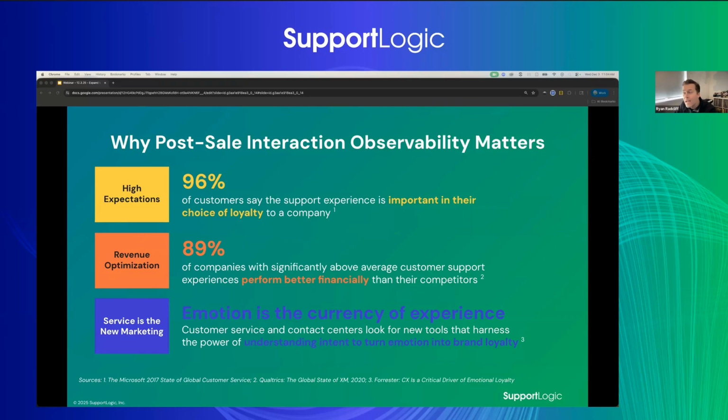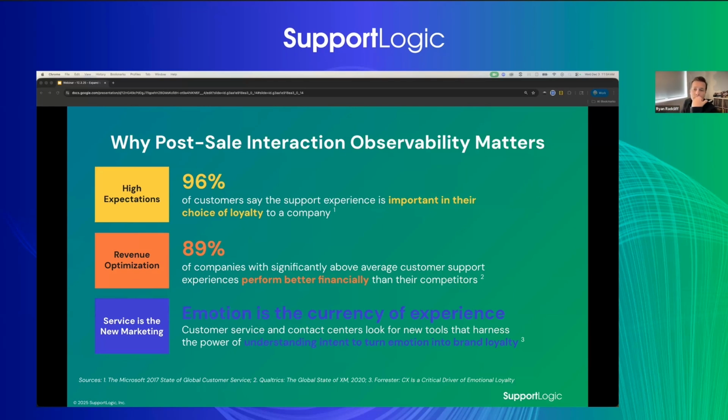The companies that are investing in this, as we can see from a Qualtrics survey, are really seeing the dividends from this investment in CX. And then this third one is this Forrester report conclusion that I think is really interesting. Understanding intent is so key now, right? We're seeing that it's so important for brands to turn intent into emotion and really create that brand loyalty.